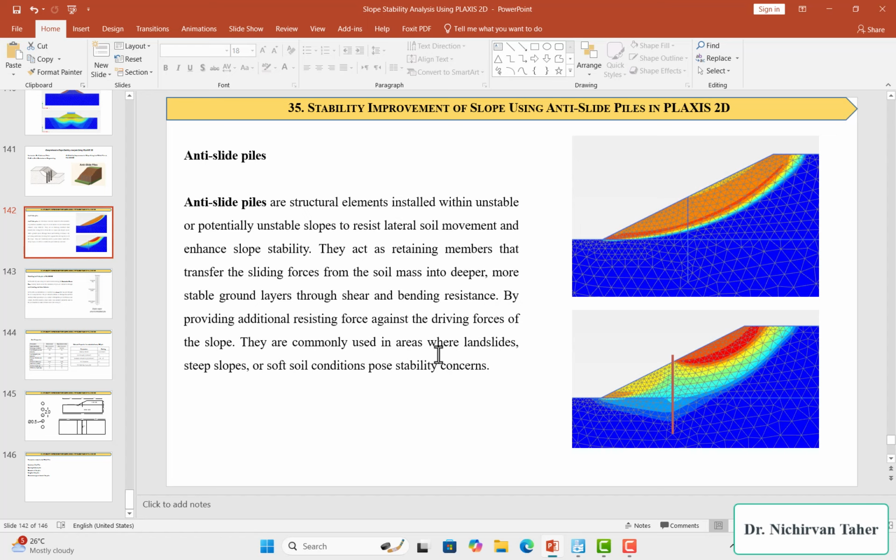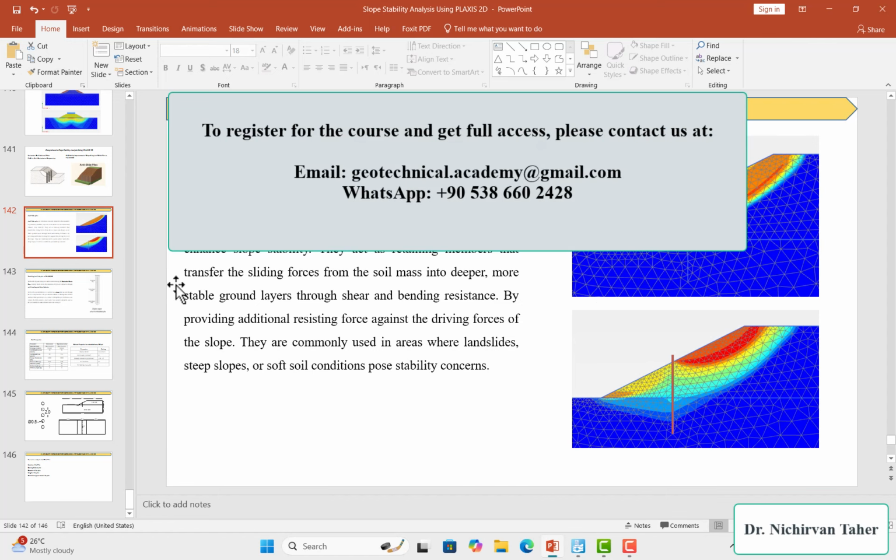When we install these anti-slide piles, they provide additional resistance force against the driving forces of the slope. These types of piles for stabilization of the slope are commonly used in areas where landslides, steep slopes or soft soil conditions pose stability concern.